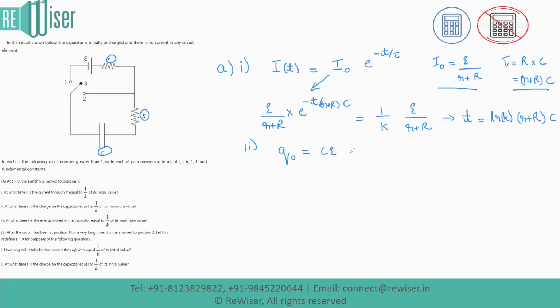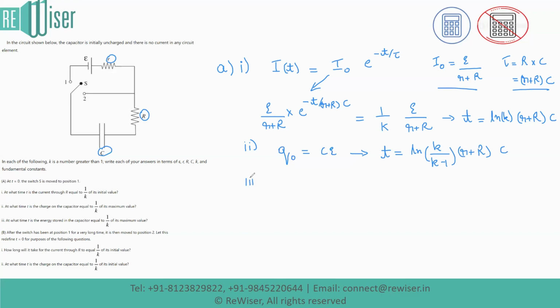So the same equation can be found, except instead of I naught, we write Q naught as C into epsilon, and total resistance still remains small r plus capital R. So you get the value as t is equal to ln K divided by K minus 1, times small r plus capital R times C.